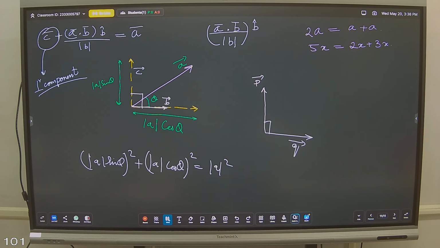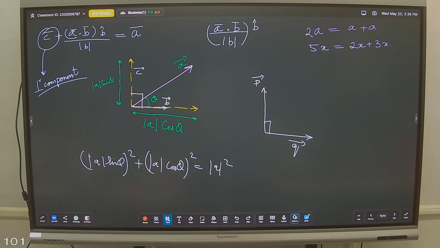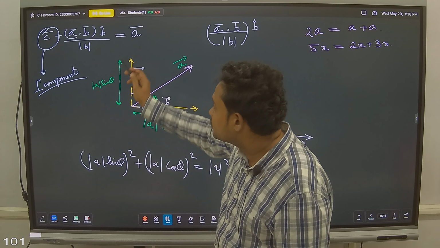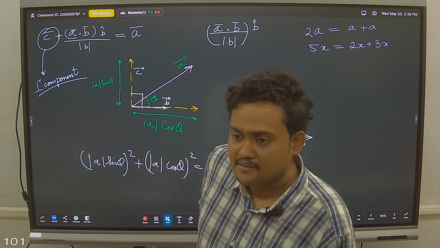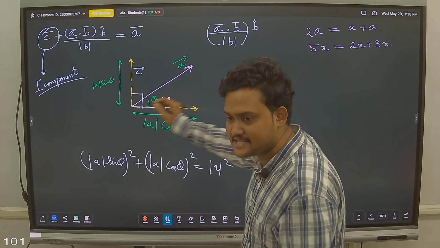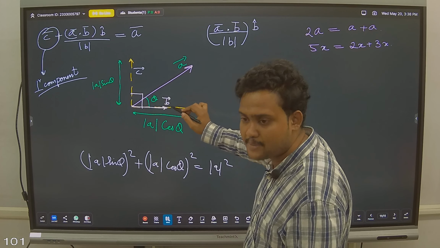Why did B cap come there? Which part is confusing you? B cap represents the direction along this axis, right? We want the component of A along B vector.